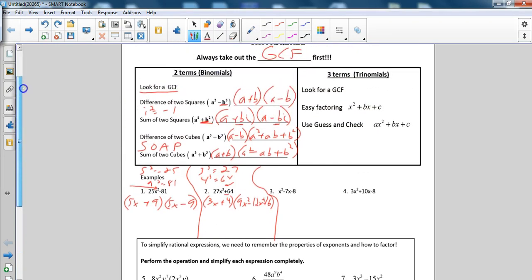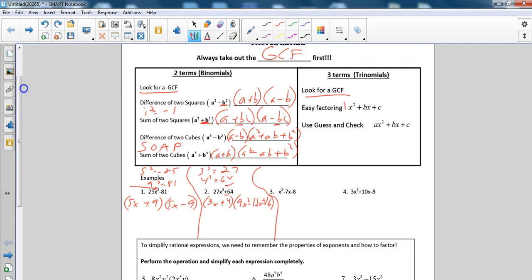That takes us up here to 3-term trinomials. Always look for a GCF first. If this is 1, it's just easy factoring. If you have an a out here, you're going to do guess and check.